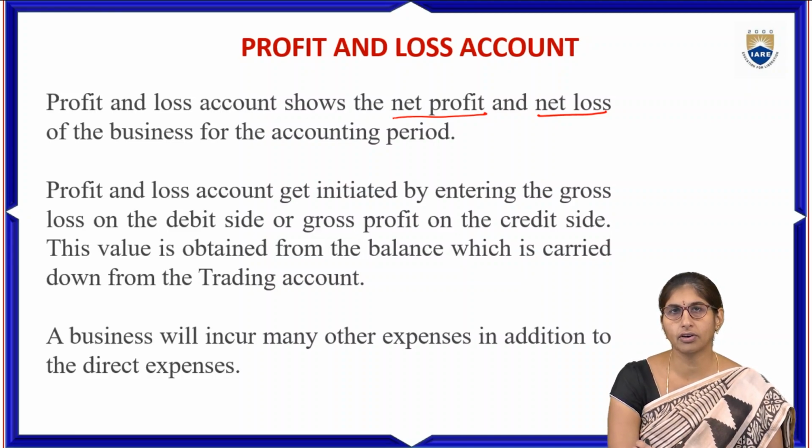If we get gross loss in the trading account, that carried down balance is brought down to the profit and loss account at the debit side. Then we start entering all the indirect or general administrative, advertising and sales expenditure and the incomes in the profit and loss account.